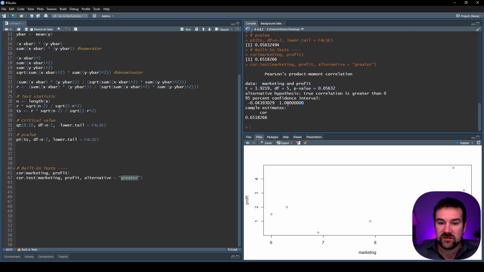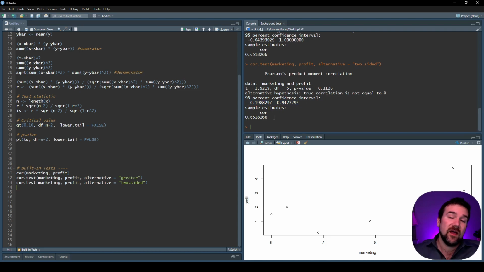I'll mention, we talked about the confidence interval. Remember to not interpret R's confidence intervals when we do a one-tailed test in R. So if I wanted to interpret the confidence interval, I would either just remove the whole alternative argument to activate its default value, which is two-sided, or I would manually write two-sided, and that would give me a reasonable confidence interval. As we've discussed in the lecture notes, the confidence intervals are actually kind of a pain to put together for correlation, so we didn't do it.